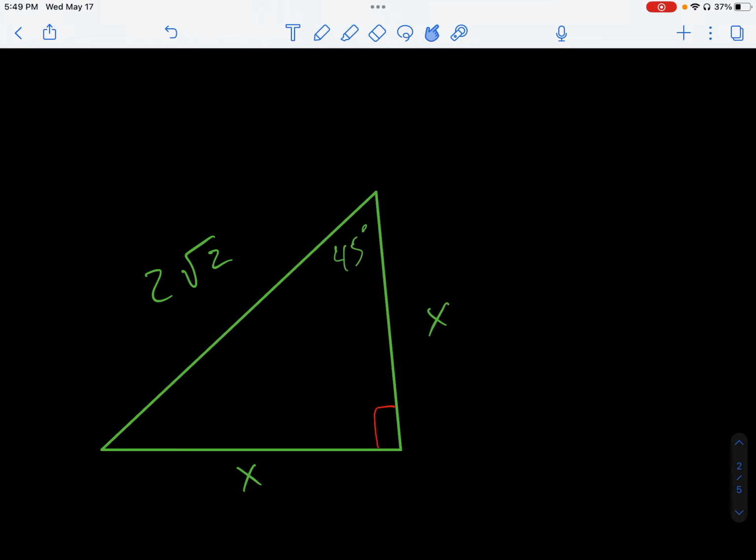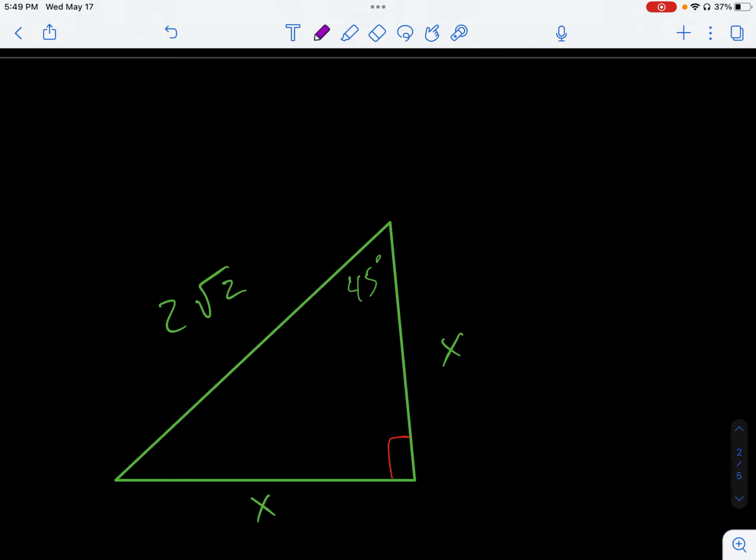Let's have another example. If the hypotenuse is 2 radical 2, what is going to be the leg? Well, we're going to have 2 radical 2 divided by radical 2. The radical 2's cancel, so x equals 2.